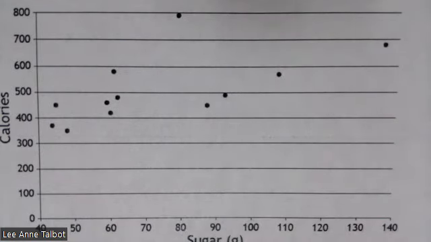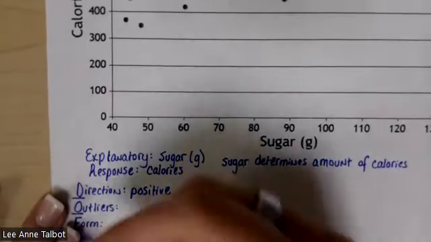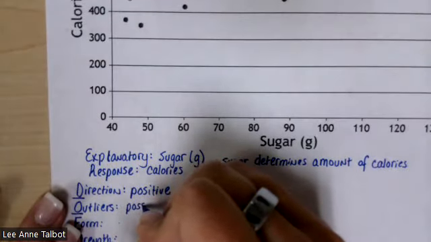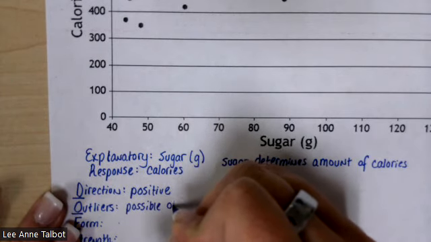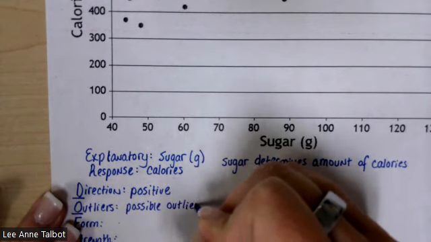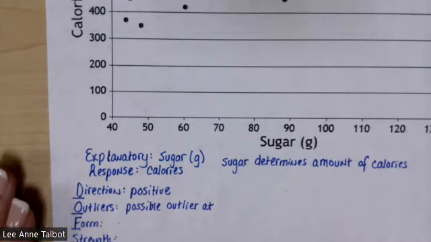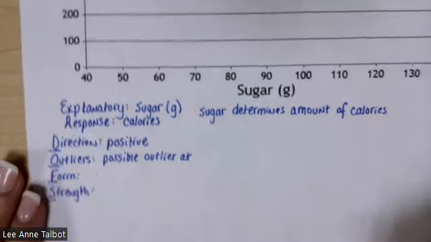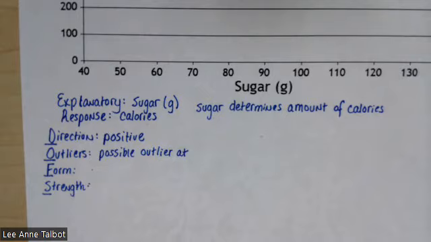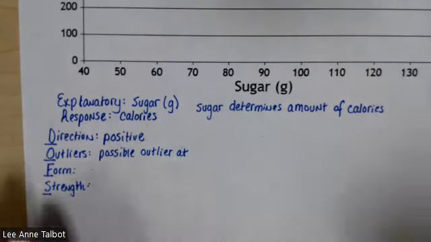If you flip the packet over, you can see the different candies. Which one is the possible outlier? It should be like 79, 790 or something. Is it 79, 790? Okay.